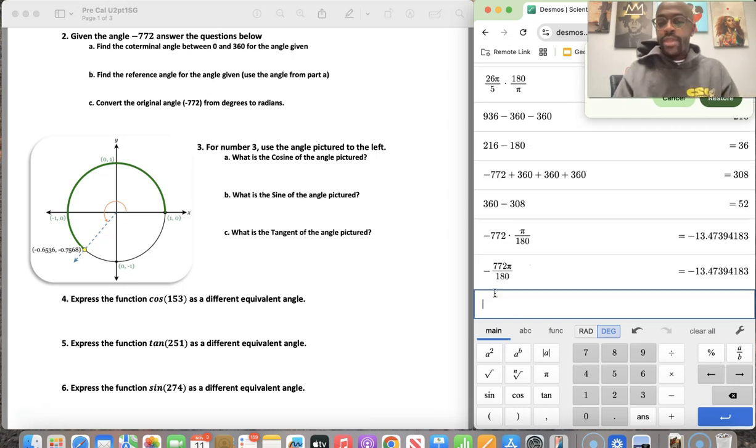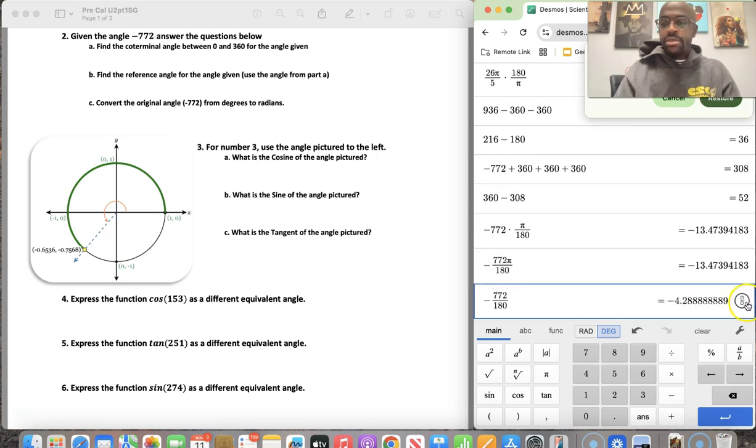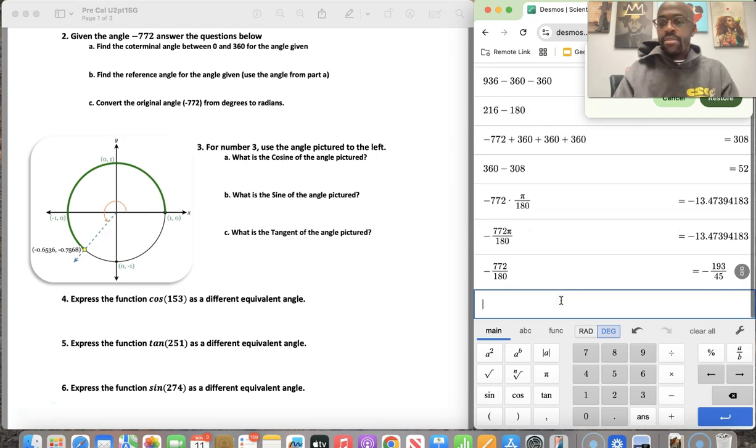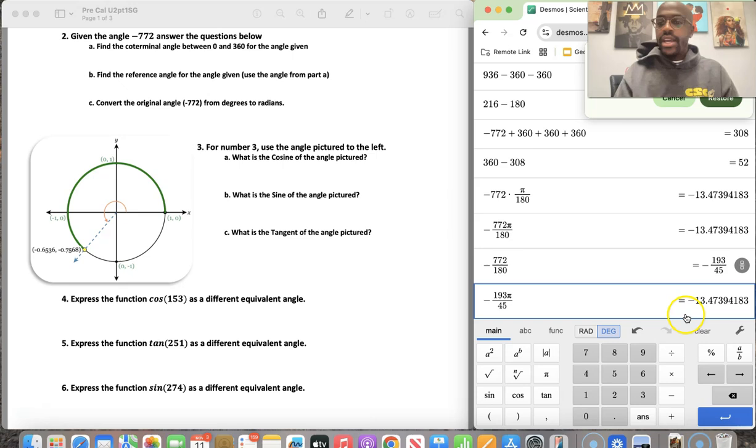If you want a shortcut of simplifying, you can take negative 772 divided by 180 and it's going to simplify it for you. But you have to remember to put pi back in your answer. So it's negative 193 pi over 45. As you see, you get the same answer here as you get here because they're the same value. We just simplified it. And this is the form of pi here. So your answer here will be negative 193 pi over 45.